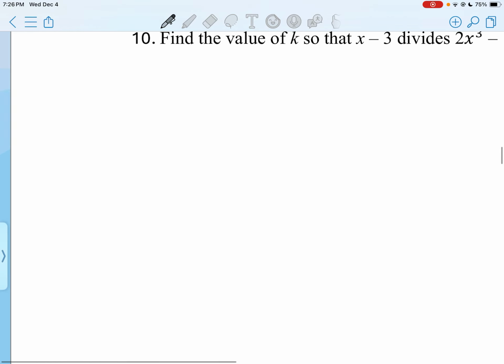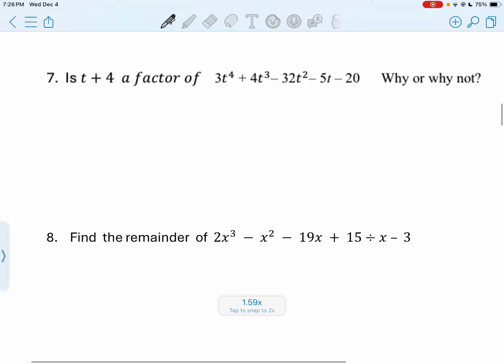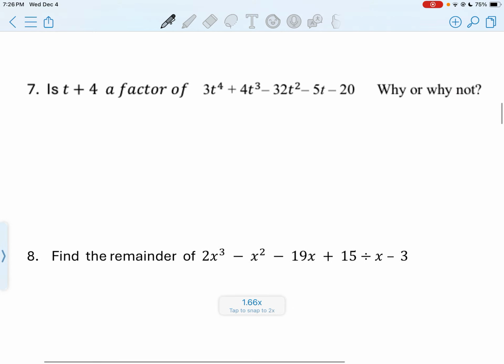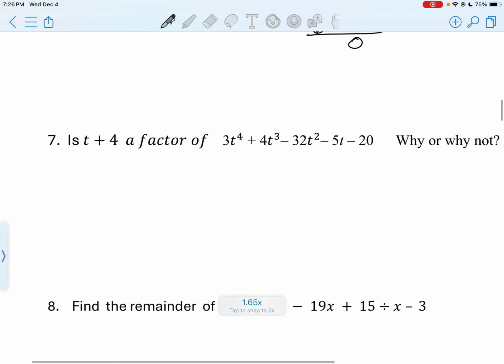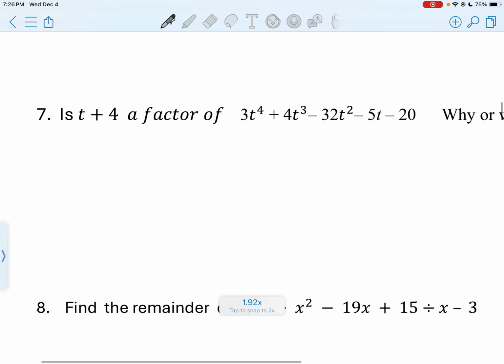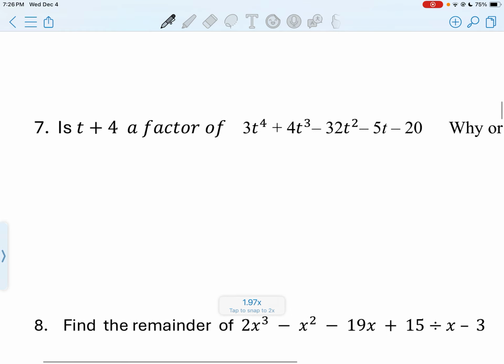All right, we have a few more problems to go. 4 more. Is t plus 4 a factor of 3t to the fourth plus 4t cubed minus 32t squared minus 5t minus 20?